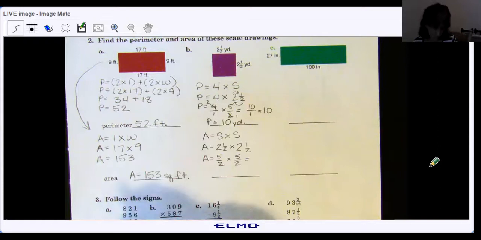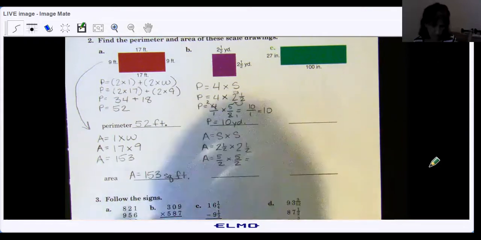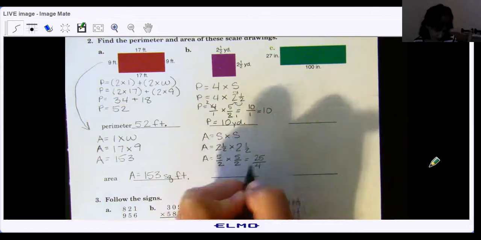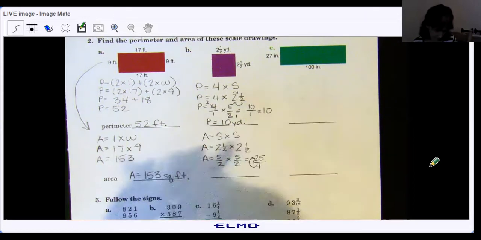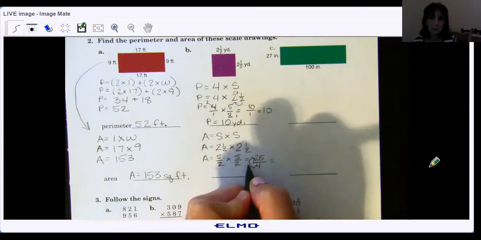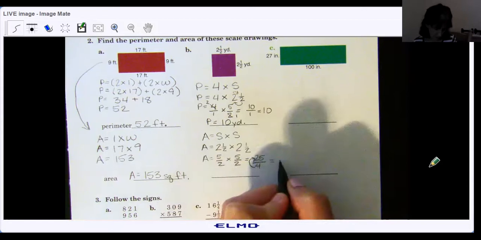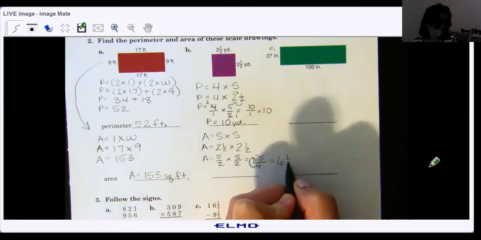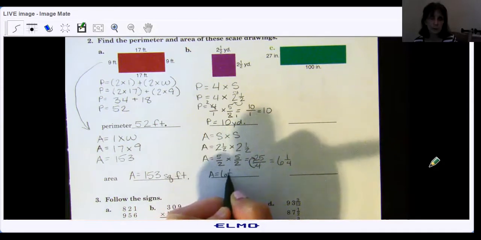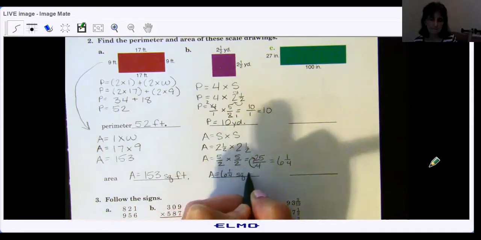No. 5 times 5 is 25. Area equals 25/4, which equals, as a mixed number, 6 1/4. So 6 1/4 square yards.